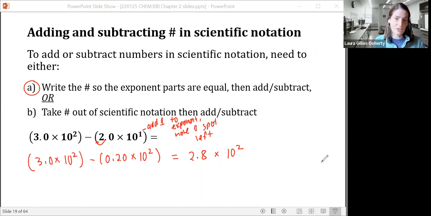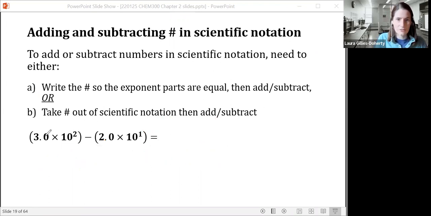So that's an example of changing the exponents. We could have changed the other one. Let's do that just to be thorough. Instead of changing 2.0 times 10 to the 1, changing this to a 2, we could change this one to a 1. So if we want to subtract 1, you move the decimal point to the right.